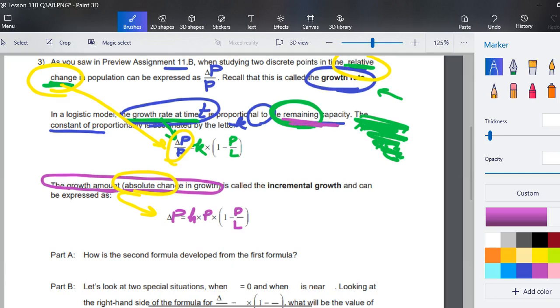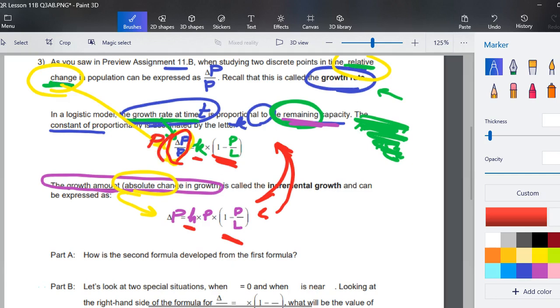Part A keeps going and says, how in the world was the second formula developed from the first? And if you have not stopped and answered that, it's time to stop and answer that question. Because if you let your eyes go back and forth like a tennis game, you're going to notice this piece is the same. This piece is the same. The only thing that's different is what used to be stacked is now split apart.